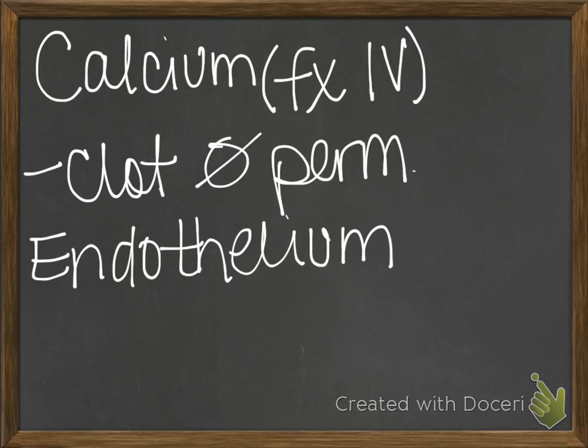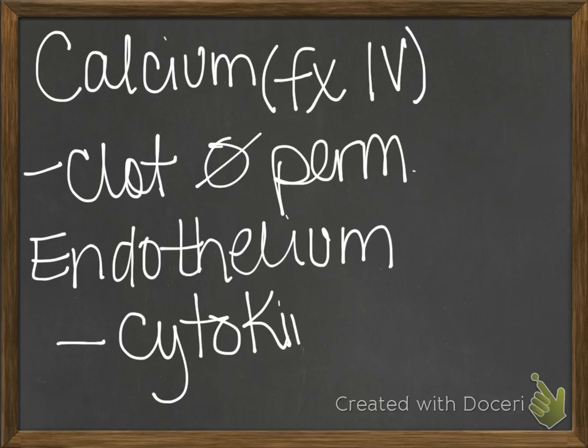But in certain processes, such as an inflammatory process, it's activated. And it's activated by several things. One is cytokines. And the cytokines are released or activated in response to an injury of sorts. So this is kind of how our endothelium helps.